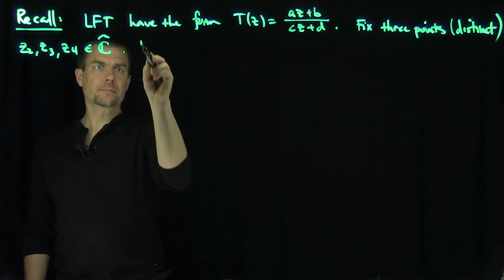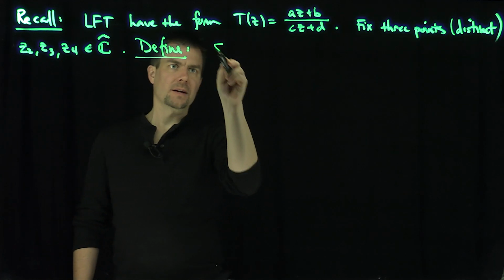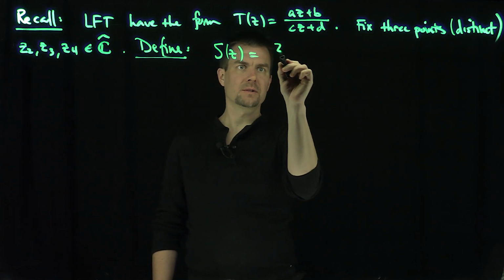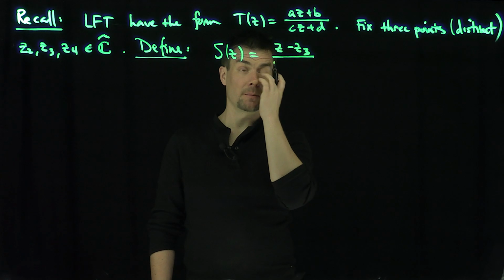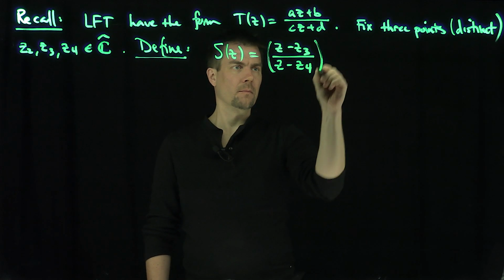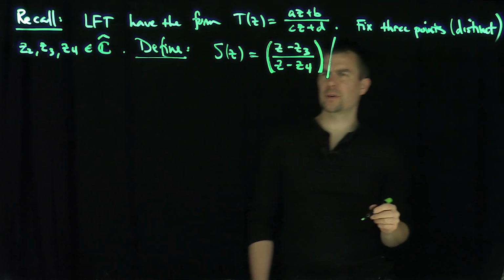And then define an LFT, S of z, which is going to be (z minus z3) over (z minus z4), over (z2 minus z3) over (z2 minus z4). You can sort of see how this cross ratio is coming in.